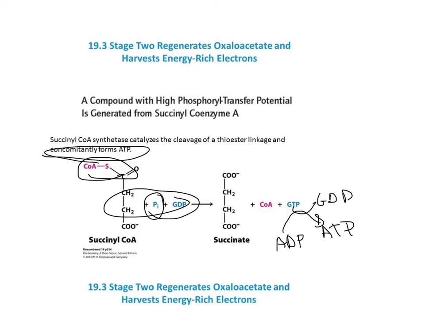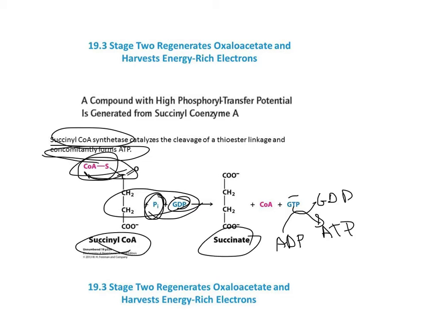So we're harnessing the energy of this thioester to put a phosphate onto GDP. So succinyl-CoA synthetase creates succinate from succinyl-CoA and also GTP.